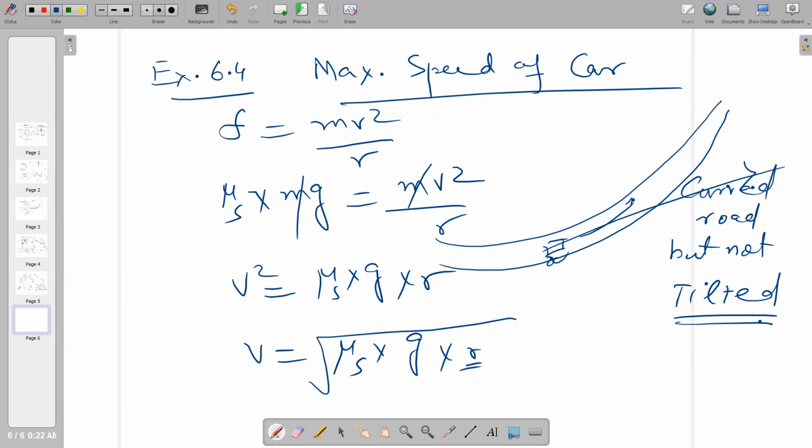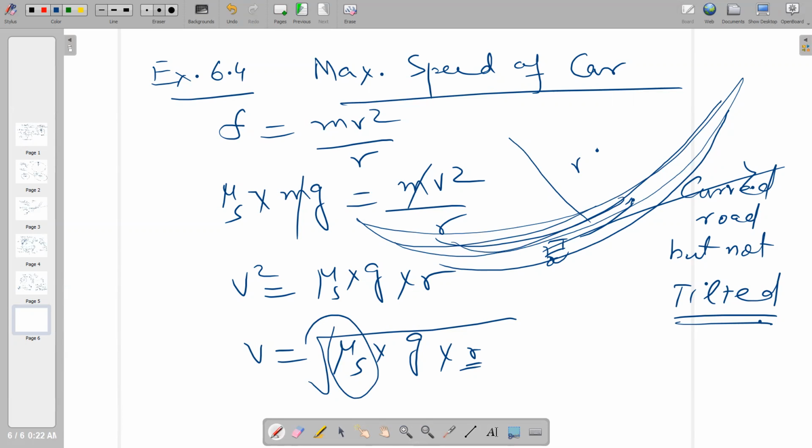That's why when roads are made by the engineers, they set the radius and also adjust the coefficient of static friction between the road and the tires. Otherwise, the car will skid and go in this direction.